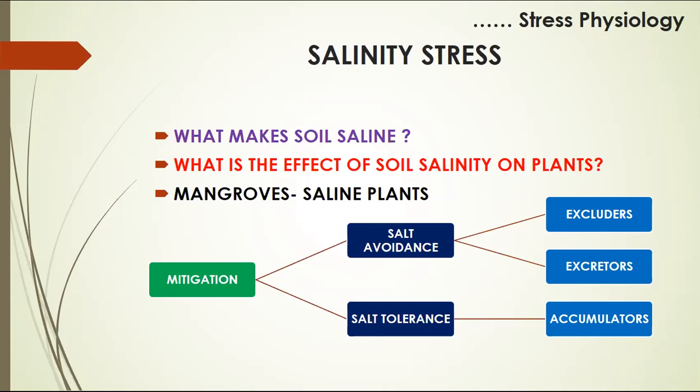On the other hand, the accumulators are those which will show acceptance towards the salt, but then try to accumulate it in structures or organs which can be easily removed. I am pointing your attention to three types of mangrove classes called excluders, excretors, and accumulators. Excluders are those which exclude taking the salt.